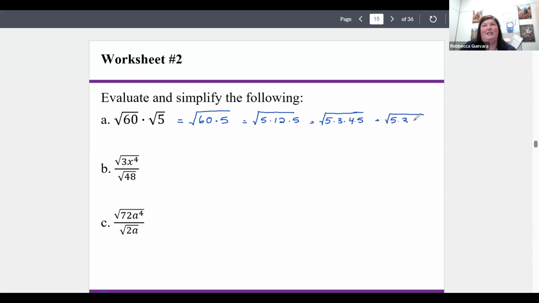That's 5 times 3, and then 4 is just 2 times 2. So 60 times 5 can be broken down into 5 times 3 times 2 times 2 times 5. So let me rewrite this. We see that we have two 2s, and we have two 5s, and then we have that 3.